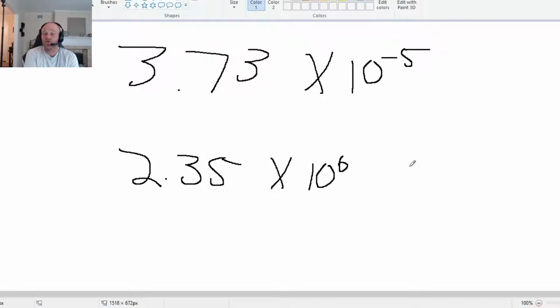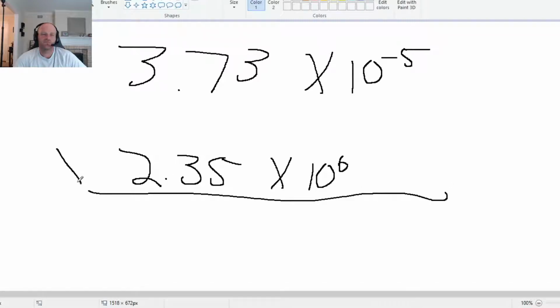Exponents are actually pretty easy to multiply and divide, because you just add or subtract the exponents. So this is a multiplication problem. I'll do it both ways though.